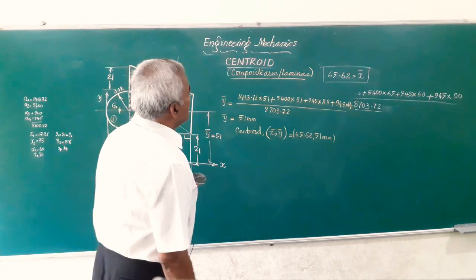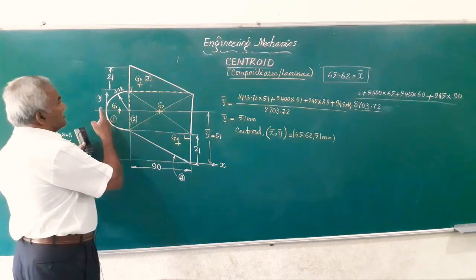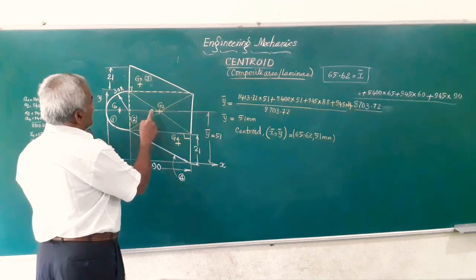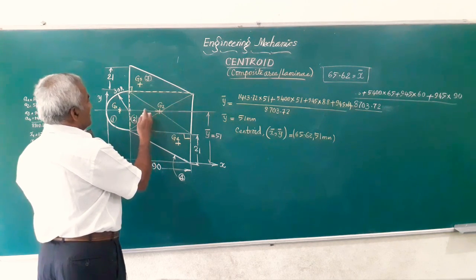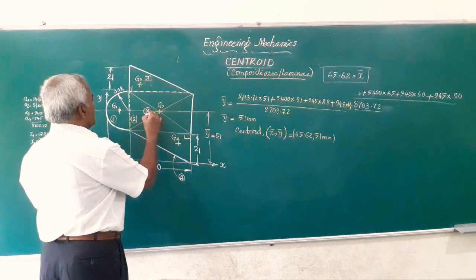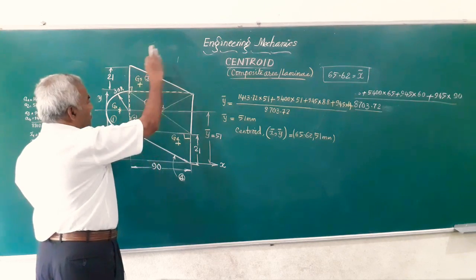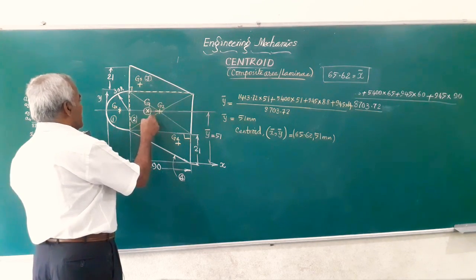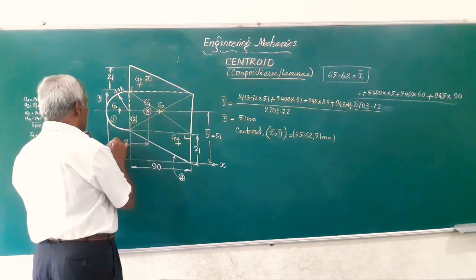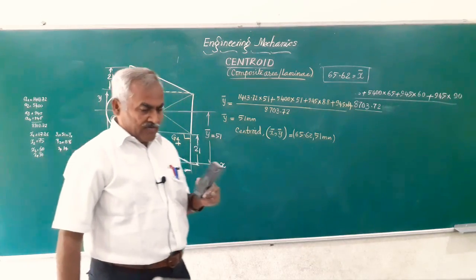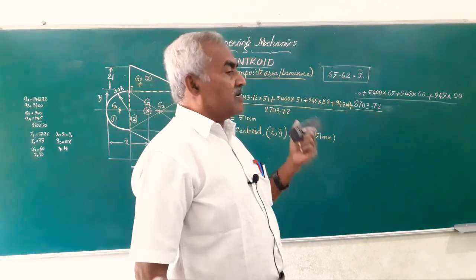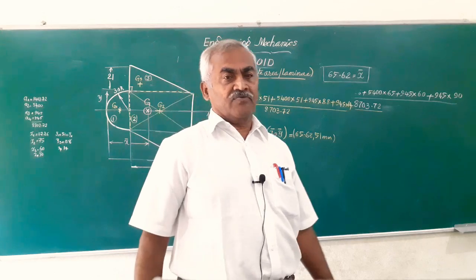Similarly, x bar is 65.62, measured from the y axis. This is 30, this is 45, 75. So it will come lesser than that. Maybe somewhere here you will get the centroid G for the whole figure, and this distance we can call x bar from the y axis. So, friends, with the given information, we are successfully able to complete the centroid location of this figure.